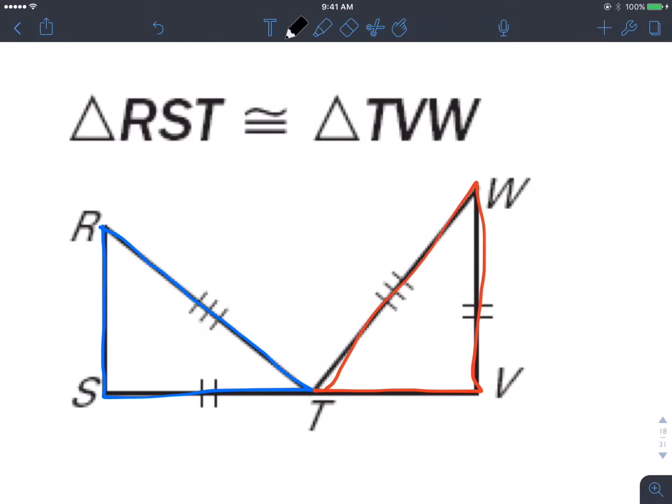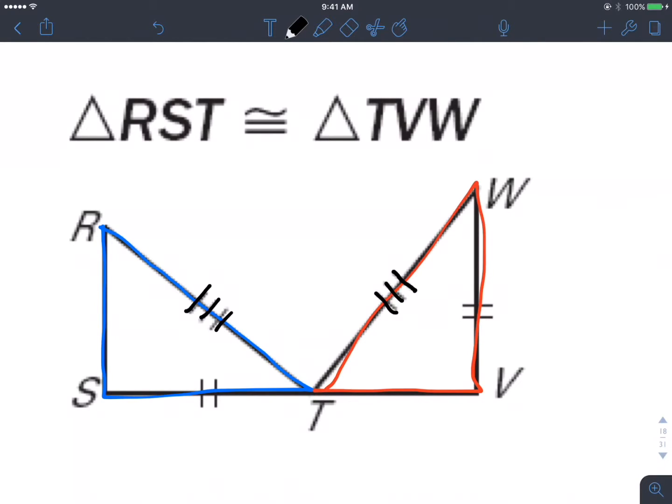So it kind of looks like a right triangle. We don't know for sure, but it kind of looks like a right triangle. But let's look at the tick marks. We have 3 tick marks here, and we have 3 tick marks there.